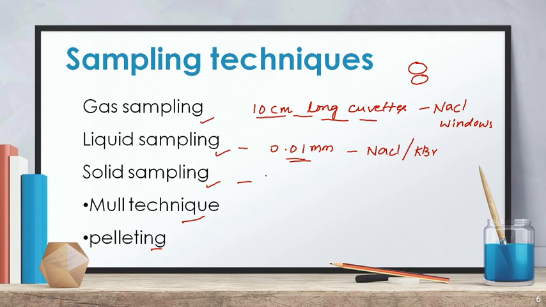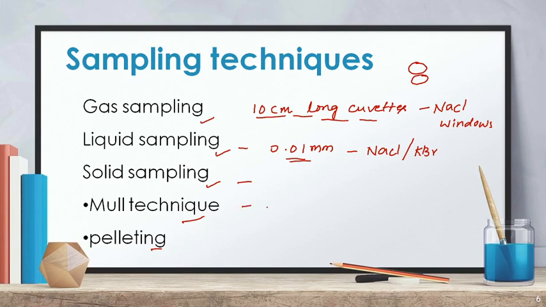So in this case it becomes almost essential to analyze the solid itself. There are two techniques for solid sampling: one is the mull technique and the other one is pelleting.